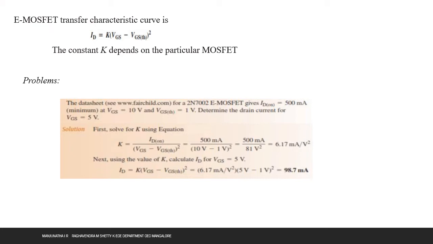In the sense, we have to find out the ID value at VGS is equal to 5 volts.